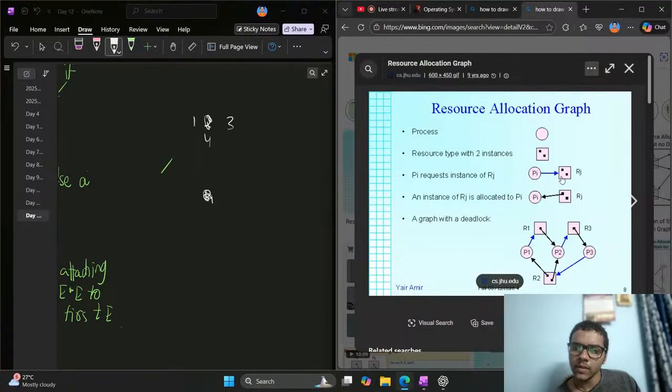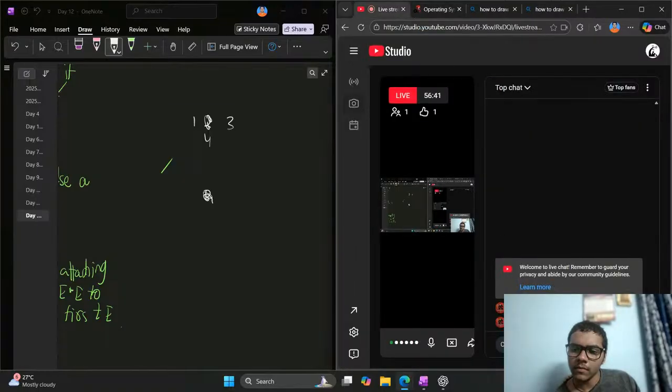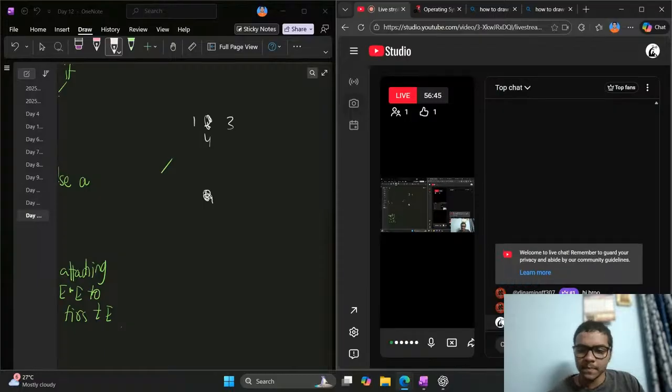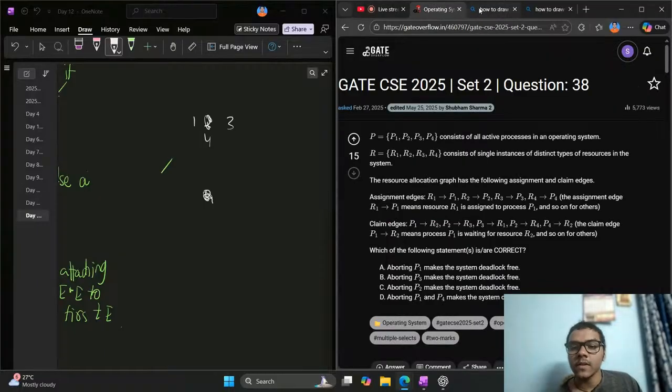Process request for resource. An instance is allocated. An instance of resource is allocated. Okay. All right. So this is assignment and this is claimed.